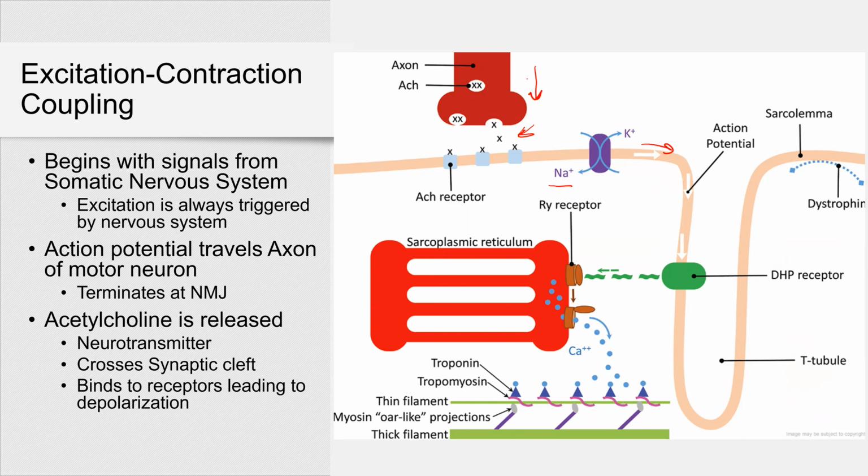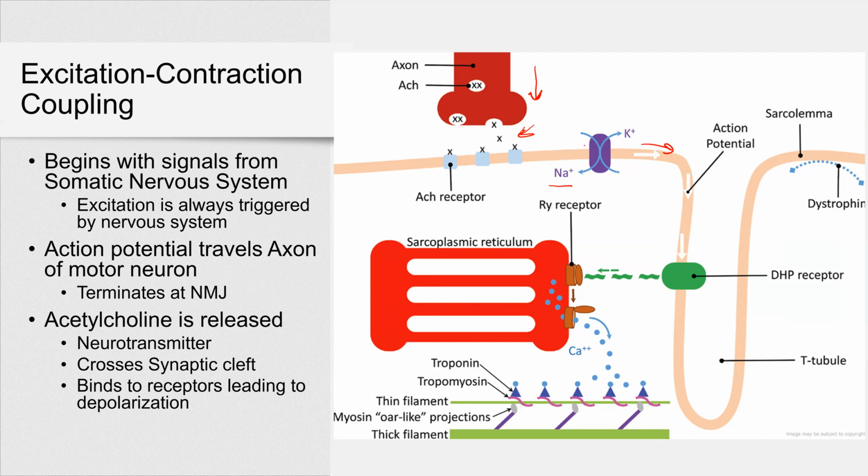If you have a cut, electricity cannot move through this space, it has fluid here. The electrical signal is not going to move from axon to muscle. And we want it to move from axon to muscle. That's why we release this chemical, acetylcholine.